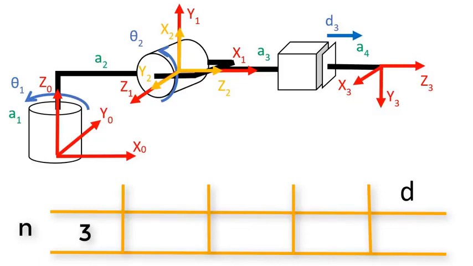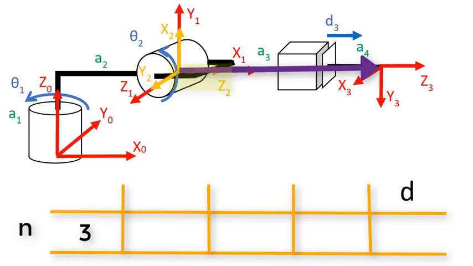Lastly, let's do the third row. I substitute in n equals 3. d for the third row is the displacement from the center of frame 2 to the center of frame 3, measured only in the z2 direction. I have quite a few components of this vector to take into account.